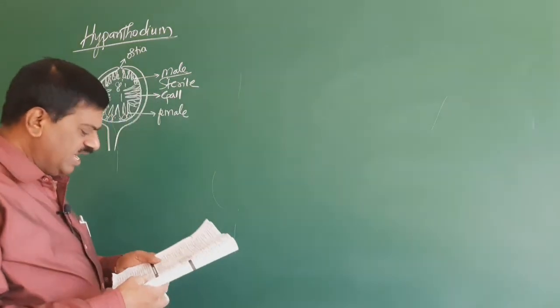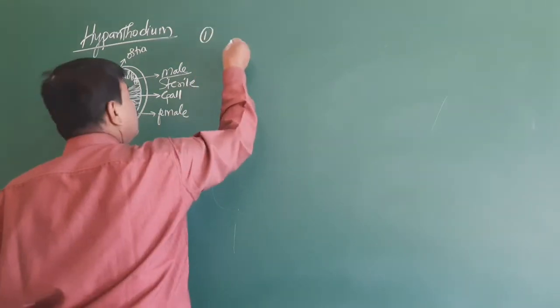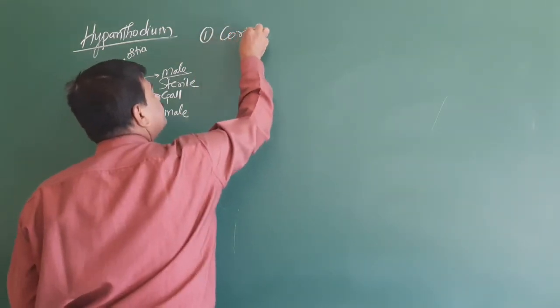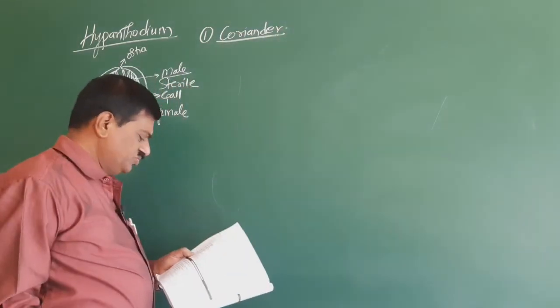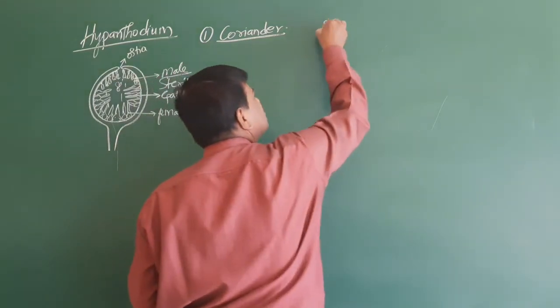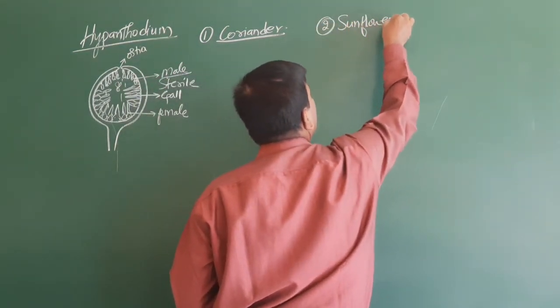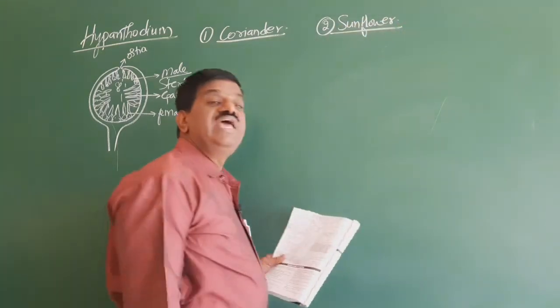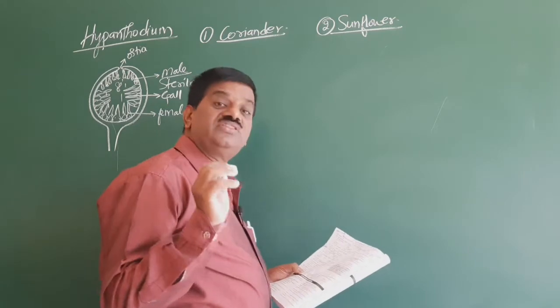So hypanthodium inflorescence is seen in, the first option is coriander, dhania. Coriander is nothing but, in Kannada we use the word dhania. This is not the answer. The second one is sunflower, Helianthus annuus, Suryakanthi.